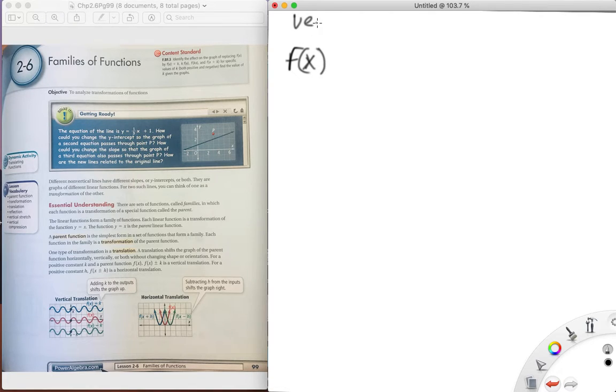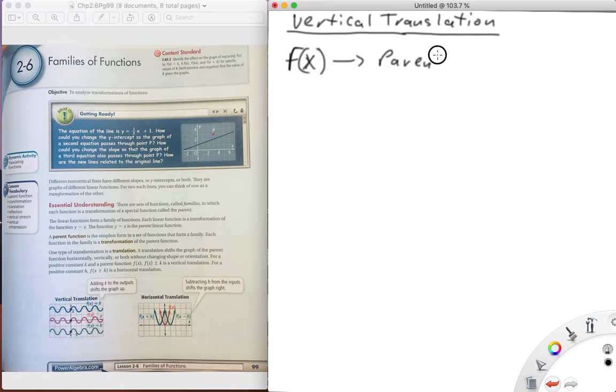And this is talking about vertical translations, and translations just means a change. This would be our parent function, f of x, our simplest form of whatever function it is.